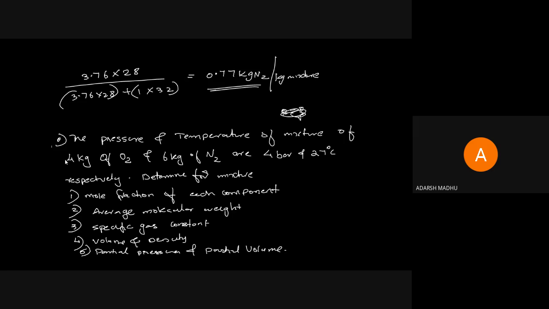Okay, so it is a very important problem. It is simple, but also important. So how can we solve it? Please write down the given data first. Given data are: mass of oxygen, mass of O2 equal to 4 kilogram.